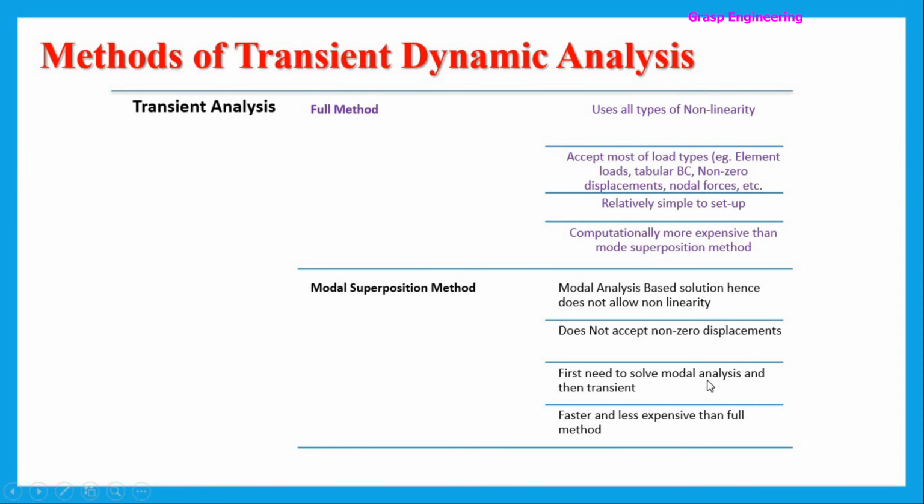First you need to solve the modal analysis and then the transient. Basically, first you need to extract the mode shapes, and it is faster as well as less expensive than the full method. So these are the two basic methods of transient structural or transient dynamic simulation.